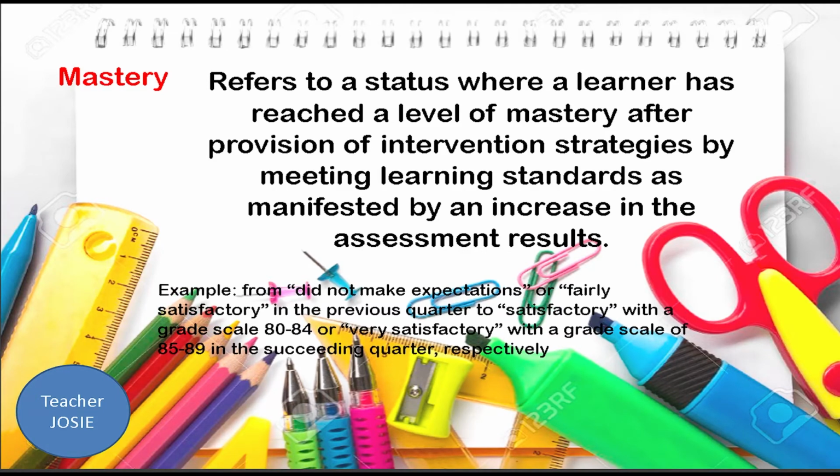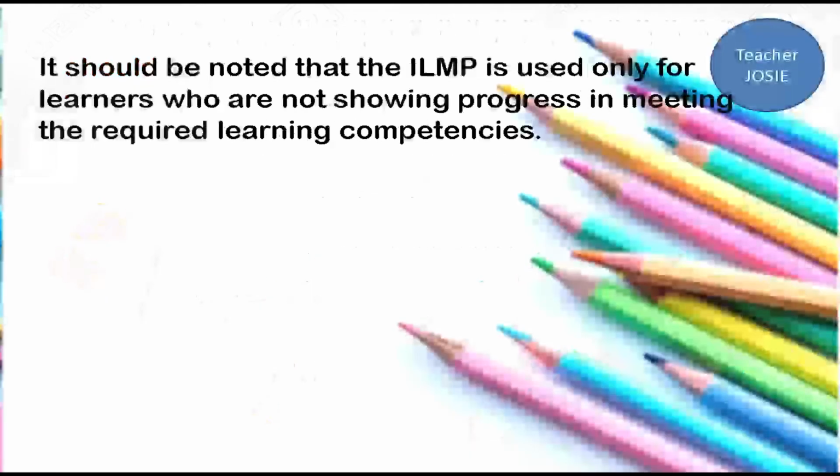Example, from did not meet expectations or fairly satisfactory in the previous quarter to satisfactory with a grade scale of 80 to 84 or very satisfactory with a grade scale of 85 to 89 in the succeeding quarter, respectively.